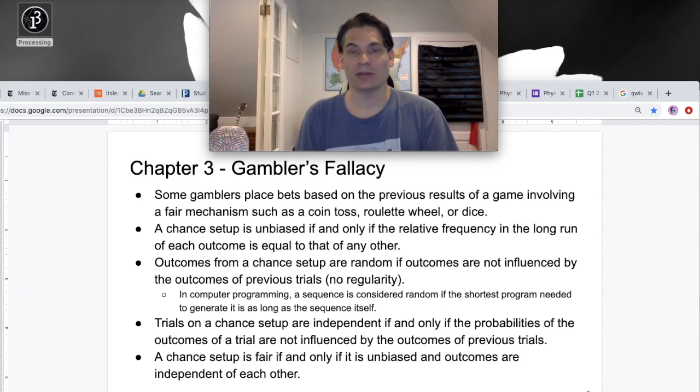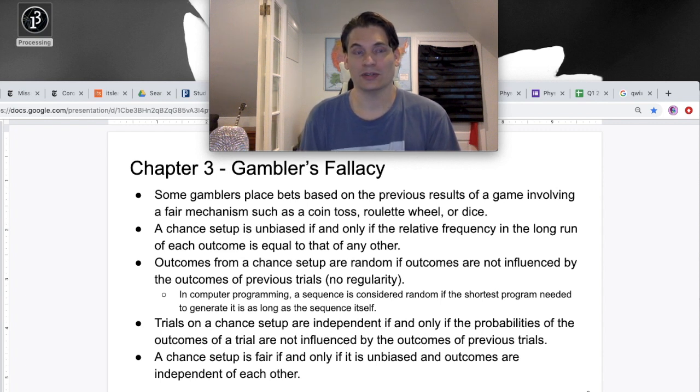So when you're a gambler and you think you can predict the future based on the past, you're correctly applying the idea that these are unbiased, so the game is fair in that sense. But you're forgetting that the trials are independent from each other. So when you roll a pair of dice the second time, the dice don't know that you already rolled them before.